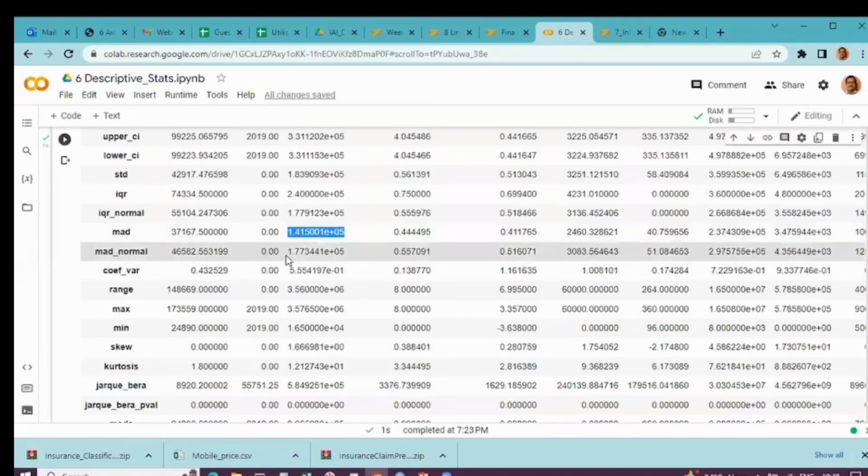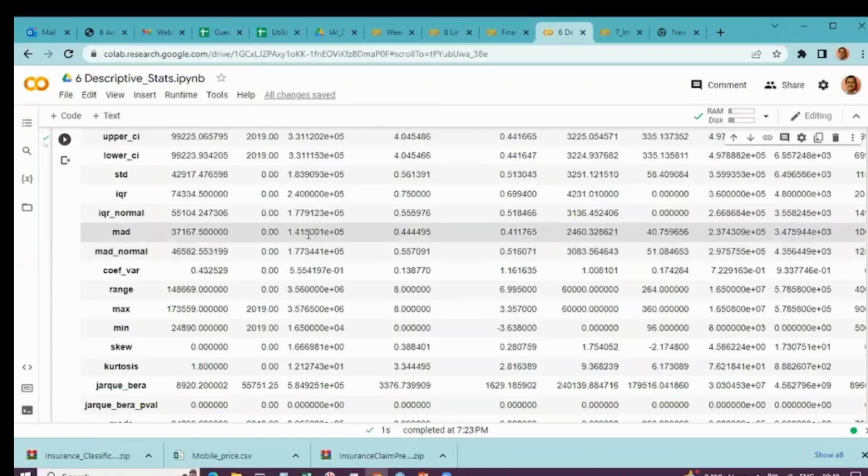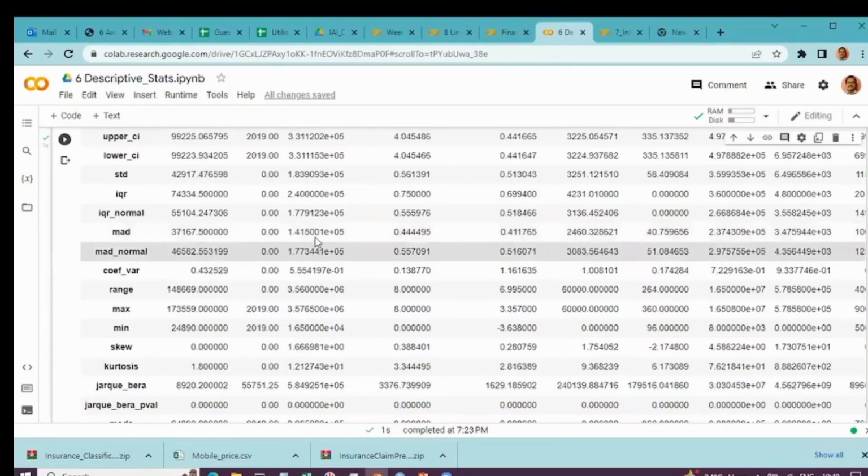But again, in this case also you could see what the mean absolute deviation would have been if the data were normally distributed. But here also we are seeing the actual mean absolute deviation deviating from the assumption of a normal distribution.